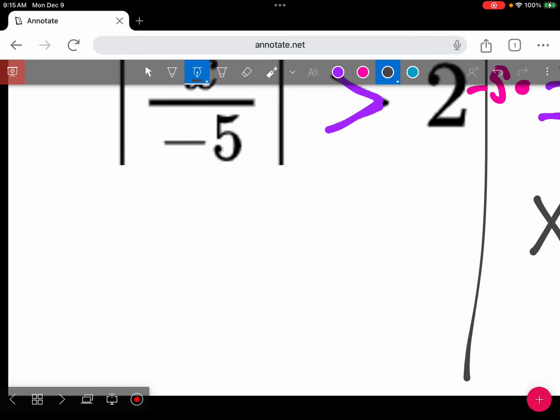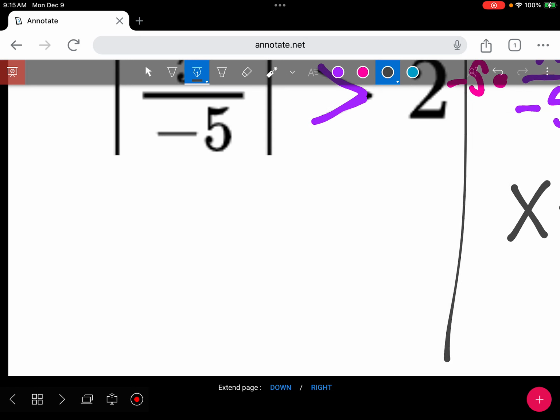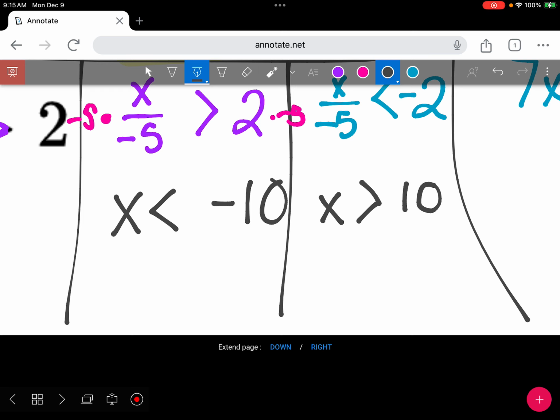So my intervals are going to be what? How do I put this in interval notation? How do I put x is less than negative 10? Yep, so we have our negative infinity to negative 10, and they both get parentheses.